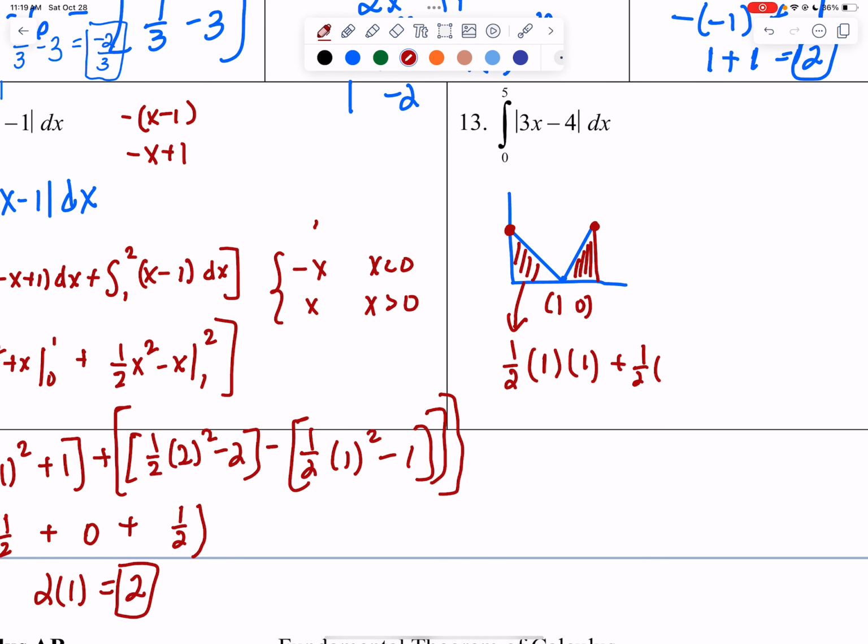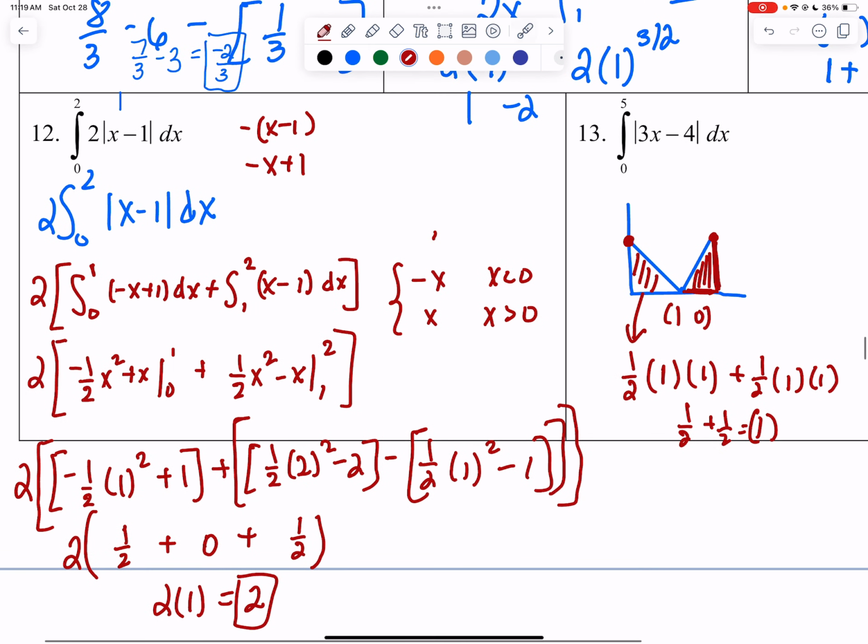Plus 1/2, base being 1, and then height also being 1. So we have 1/2 plus 1/2, or 1, and then 1 times 2, because we took out the coefficient of 2, will give us 2. And notice how that only took us less than a minute to do instead of this thing right here.